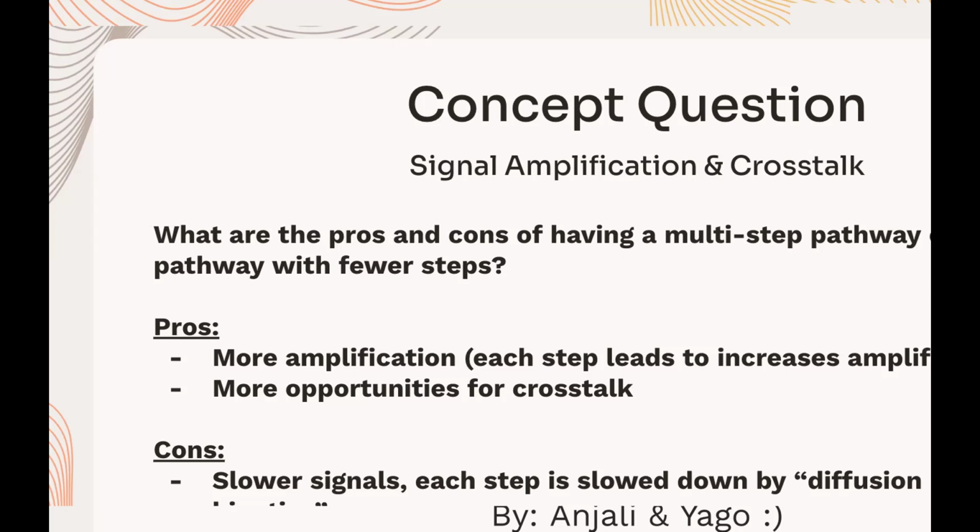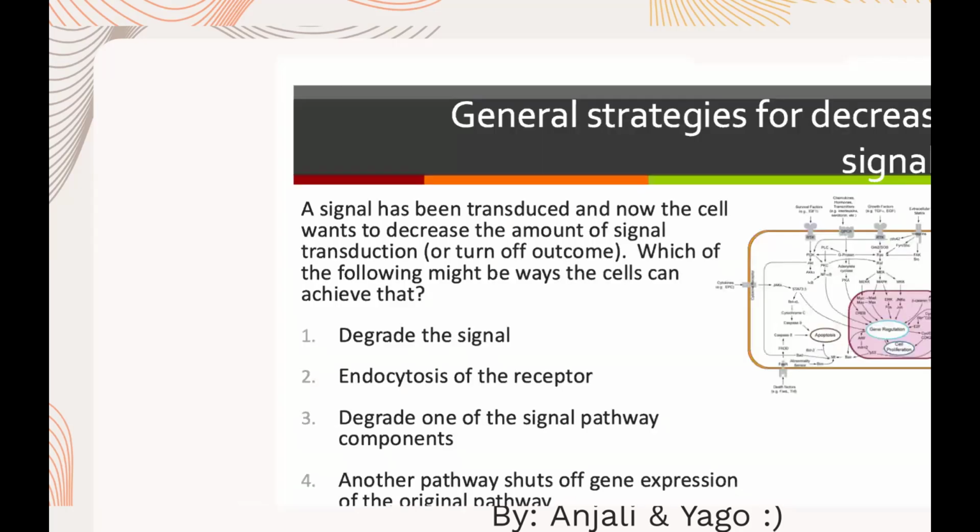All that means is the likelihood that two specific molecules are going to bump into each other when they're just floating around. Each step is slowed down by the diffusion rate limiting kinetics. How likely is it that two things are going to bump into each other? That might slow us down between each step. So if she ever mentions that term, that's what it means.